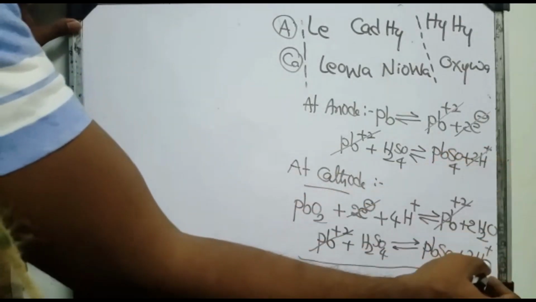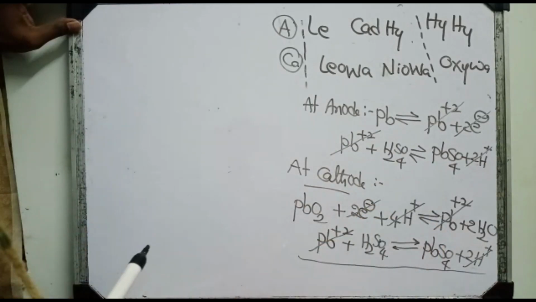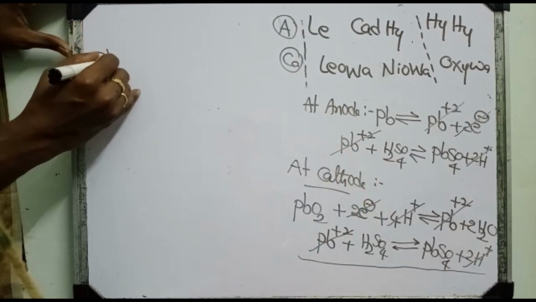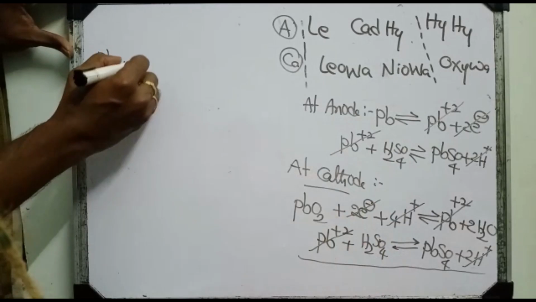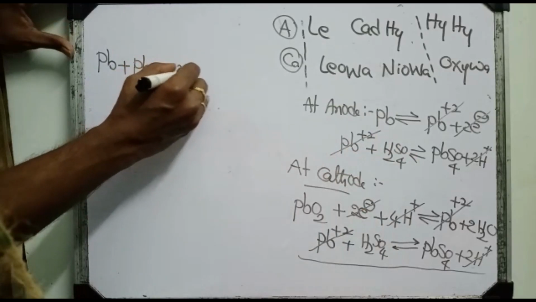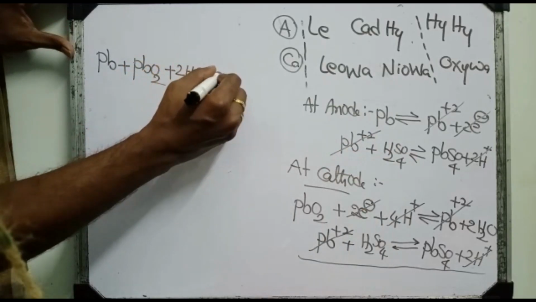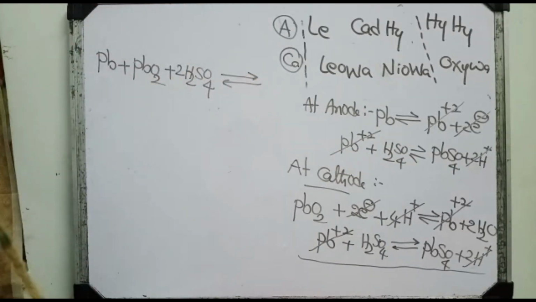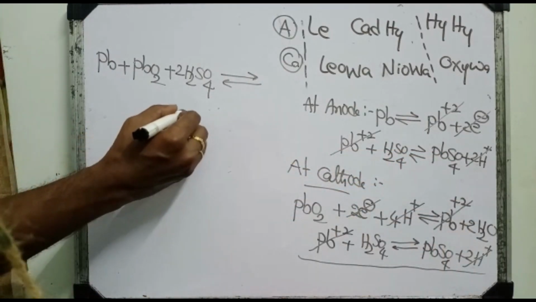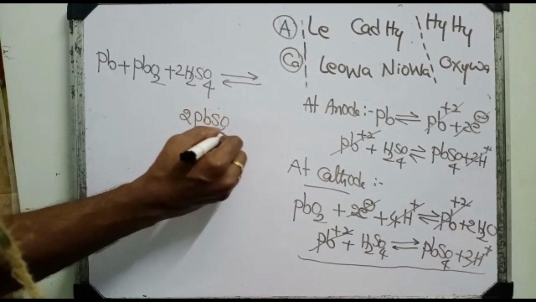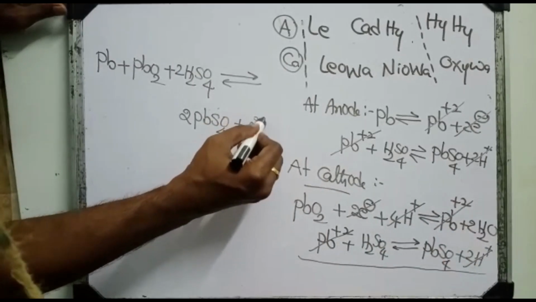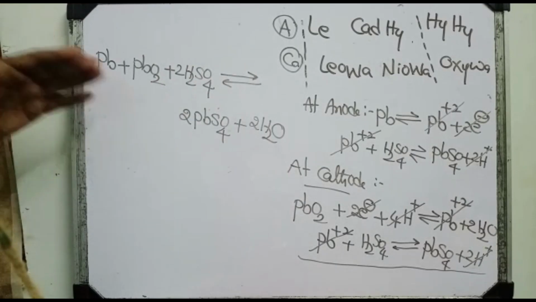Right side 2H+, left side 4H+, so that is completed by cancellation. We get Pb plus PbO2 plus 2H2SO4 giving 2PbSO4 plus 2H2O. This is the complete reaction.